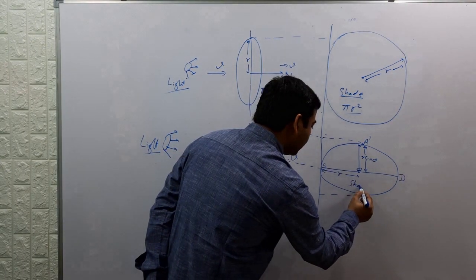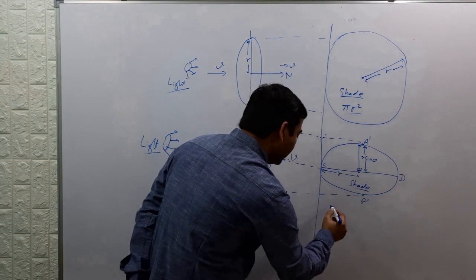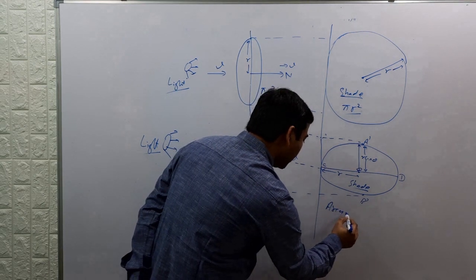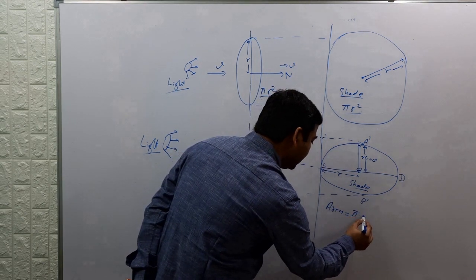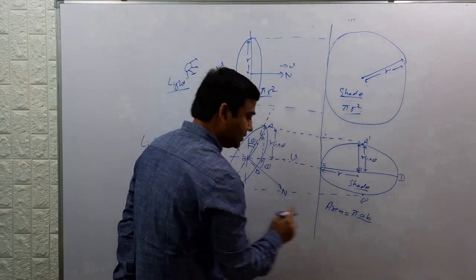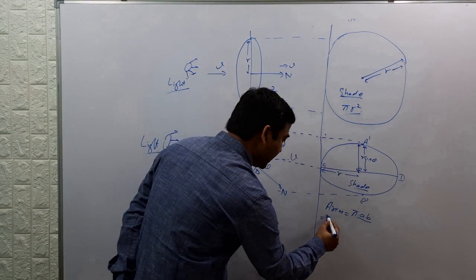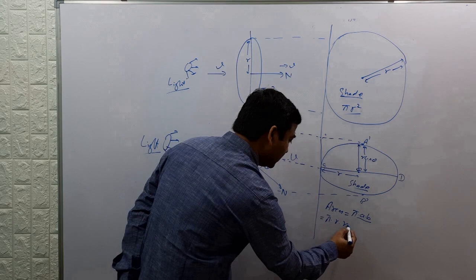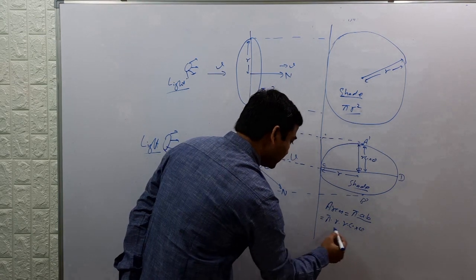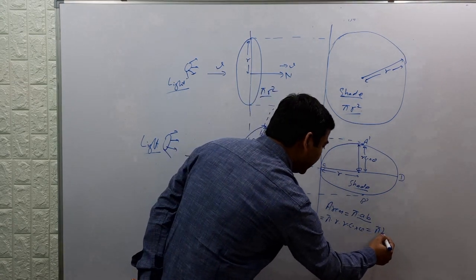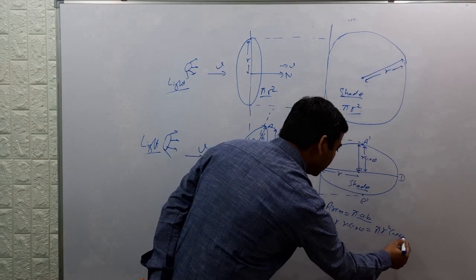This is the shade. The area of an ellipse is given by pi a b. So the area will be pi r into r cos theta, and this is pi r square cos theta.